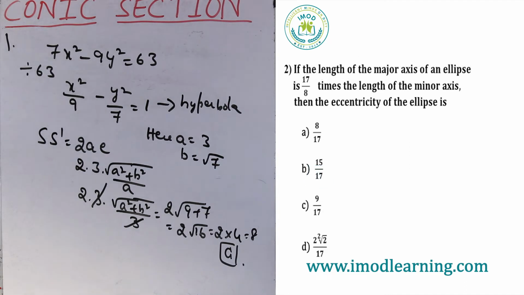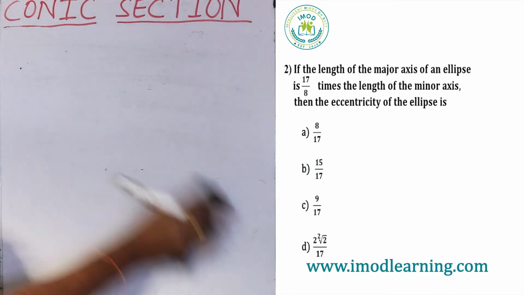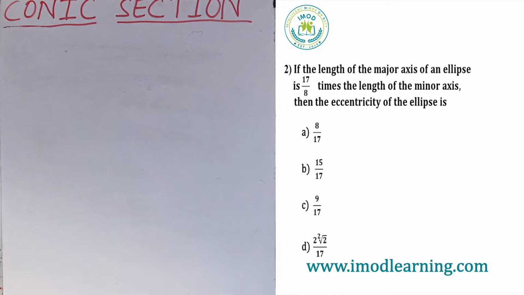Question number 2. If the length of the major axis of an ellipse is 17 by 8 times of the length of the minor axis, then the eccentricity of the ellipse is.